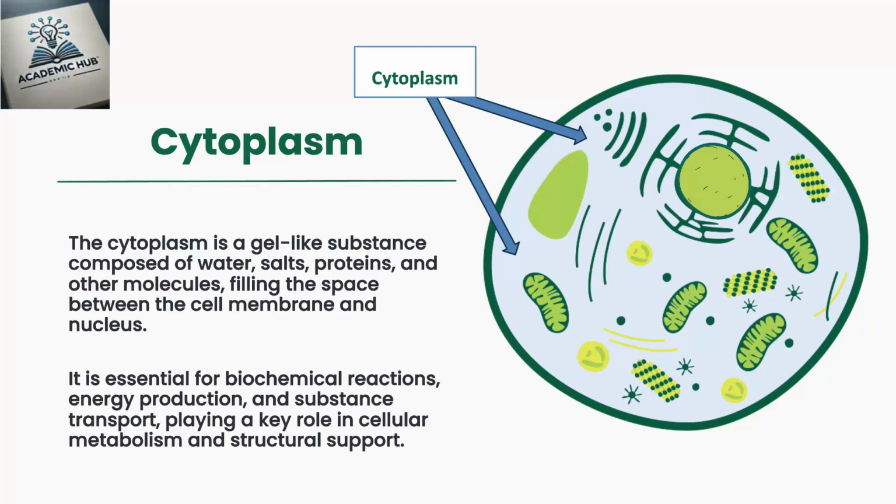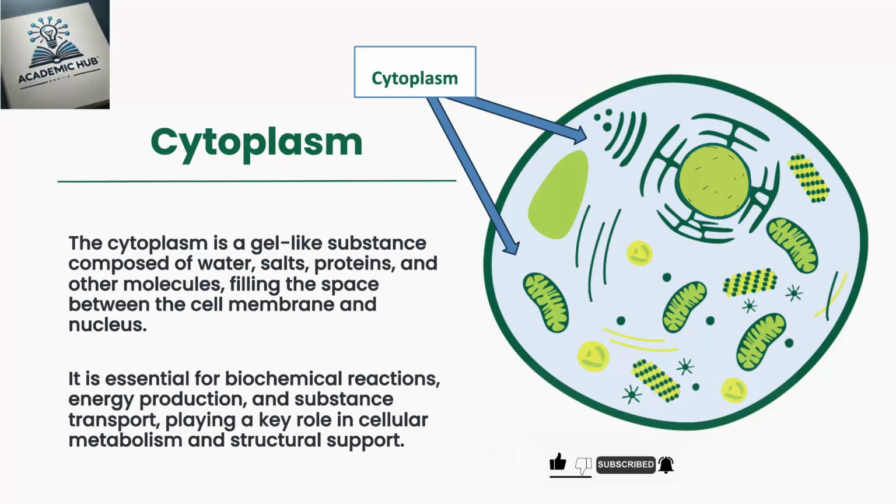Next is energy production and storage. Cytoplasm plays a vital role in energy production and storage by acting as the primary site for several key metabolic pathways. First is anaerobic respiration, also known as fermentation.